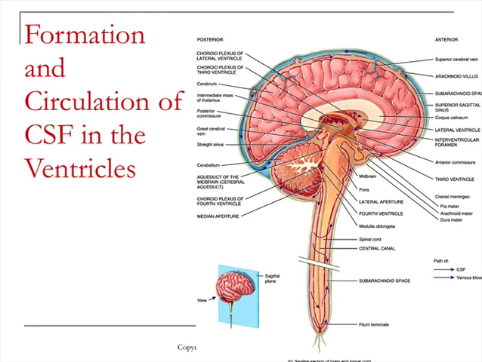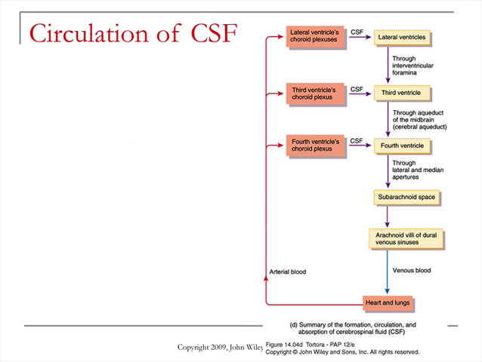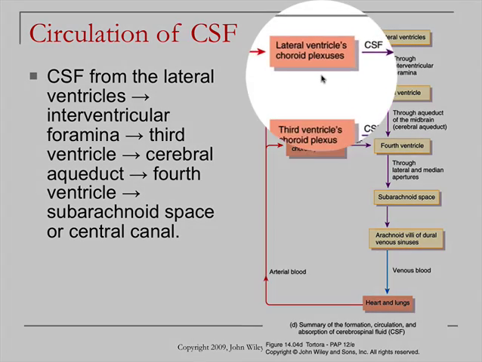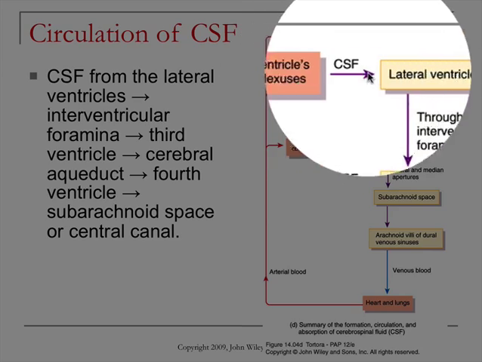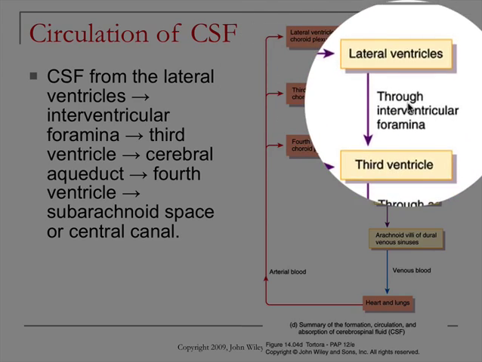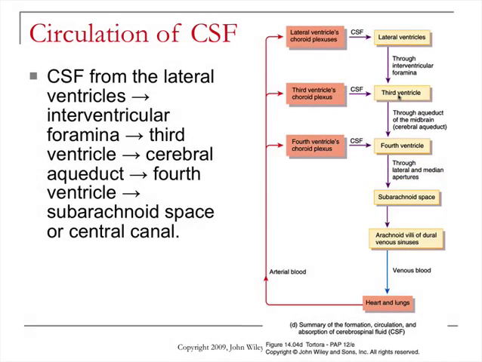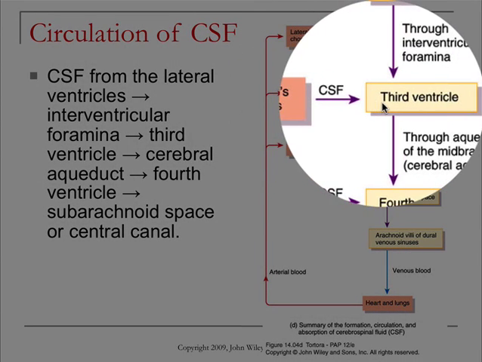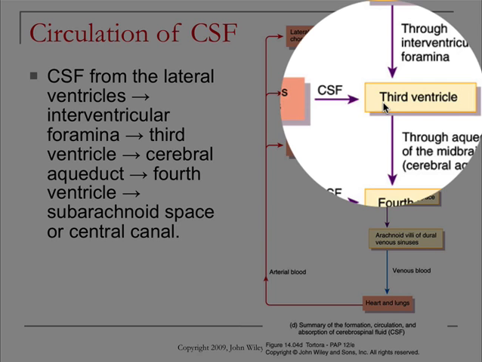Let's now take a look at a picture that diagrams the circulation of the cerebrospinal fluid. As we can see here, the cerebrospinal fluid is made in the lateral ventricles, goes through the interventricular foramina into the third ventricle. The third ventricle's choroid plexus also produces cerebrospinal fluid, which goes into the third ventricle.